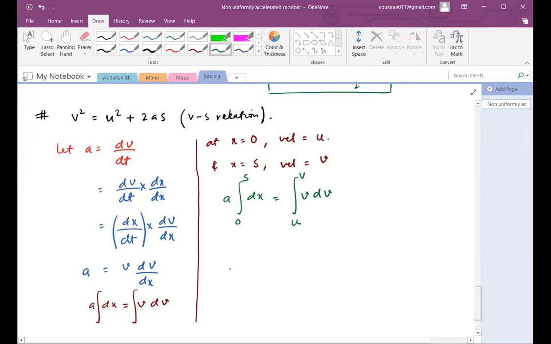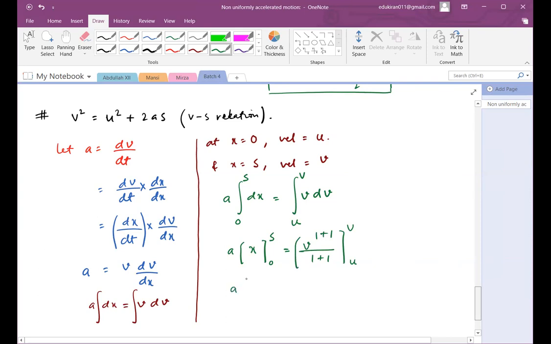Now dx on integration will give you x, limit from 0 to s, is equals to, we have v raised to 1, so on integrating, it will be v raised to 1 plus 1 divided by 1 plus 1 using the rule of integration, limit from u to v.